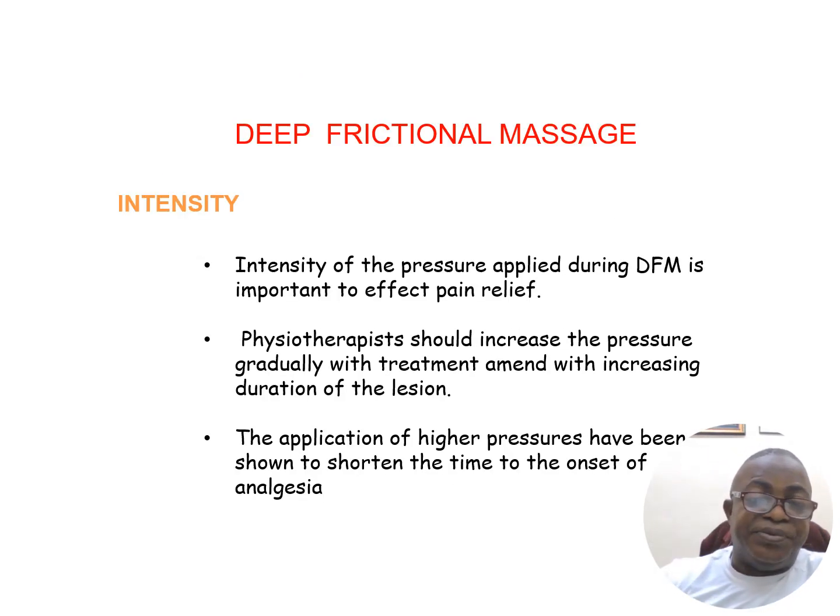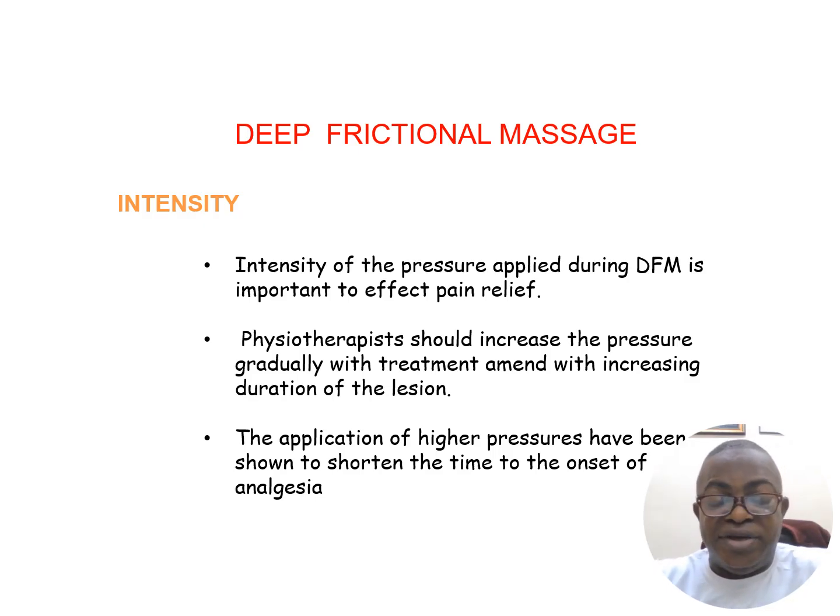Intensity is how deep the pressure should be. Generally, when you're applying frictional massage treatment, you should start with light pressure at the early sessions of the treatment. At the very early session, the friction should be very light. And with more and more treatments, you can increase the depth of the friction applied across the tendon. So that means intensity should gradually increase.